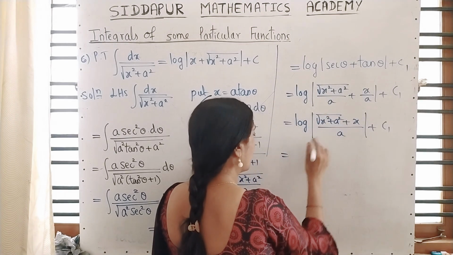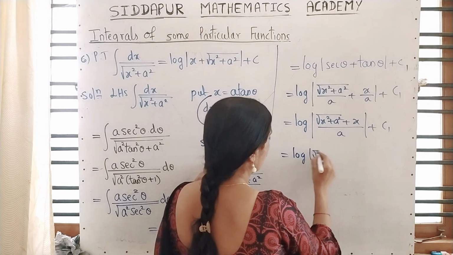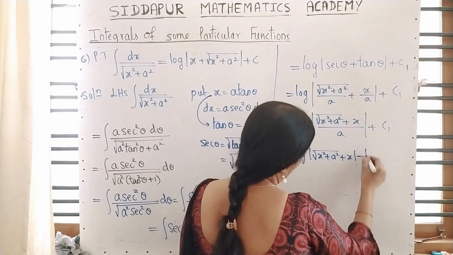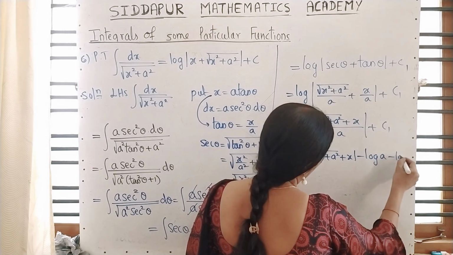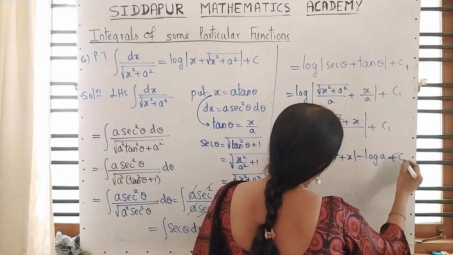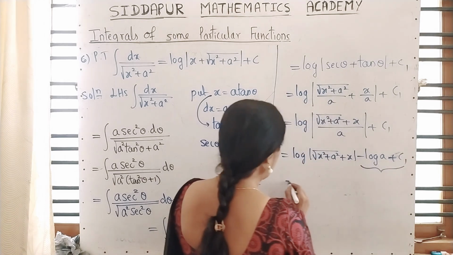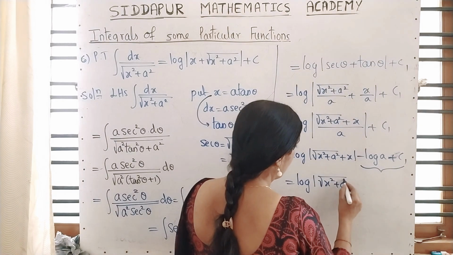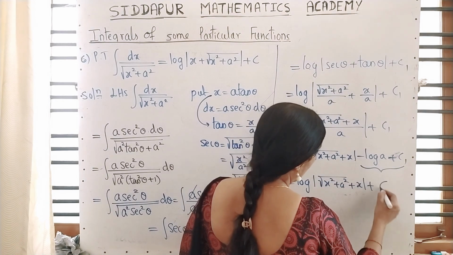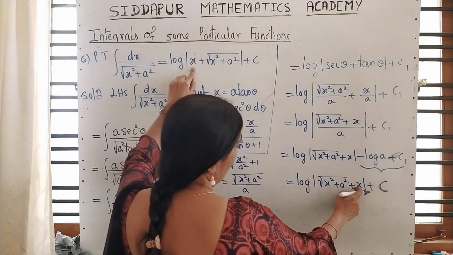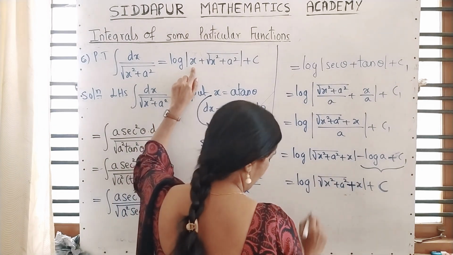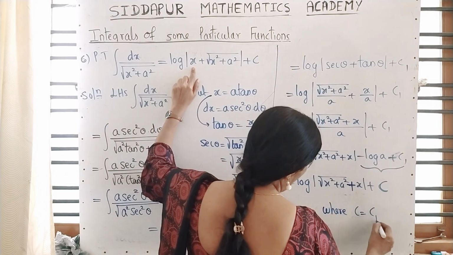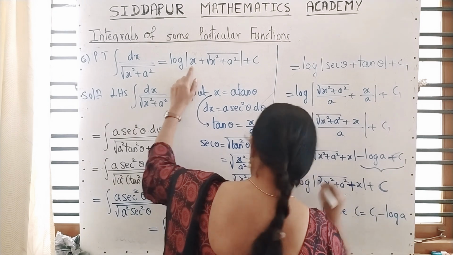It is log m upon n. Log m upon n is log m minus log n, plus c1. This constant I am replacing like this. Log of root x square plus a square plus x, plus c. See, in the middle, first we have plus, but between plus you can interchange the terms, where c is equal to c1 minus log a.